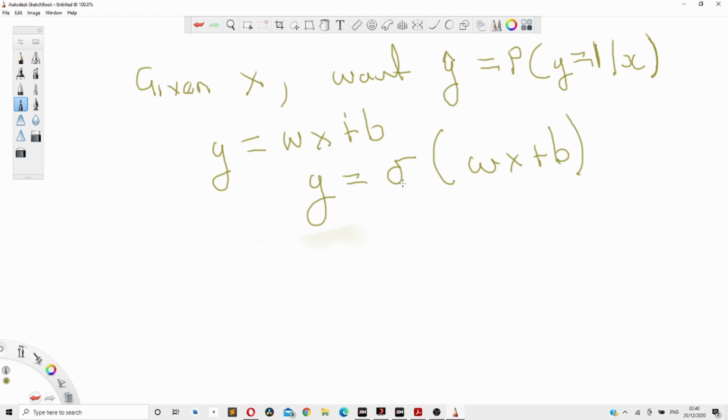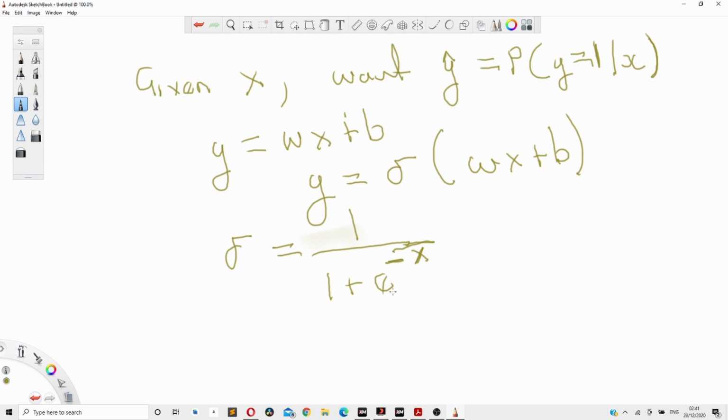So what is this sigmoid? The sigmoid is equal to 1 over 1 plus e to the power of negative x. That's what we call the sigmoid function. What the sigmoid function does is that if the value is greater than 0.5, it will classify y as 1.